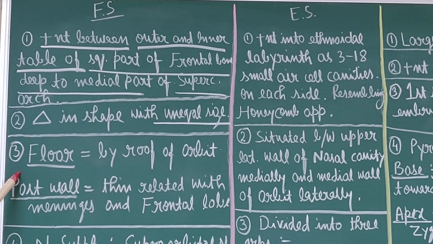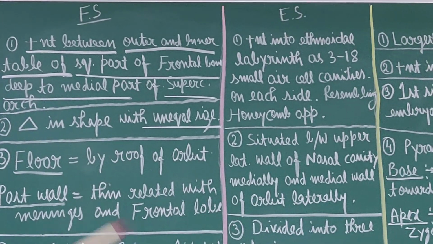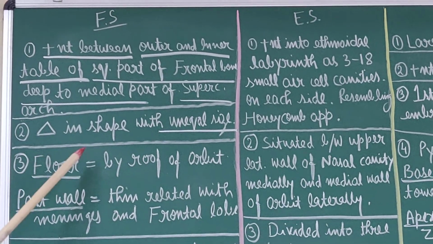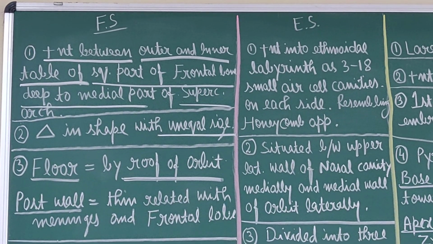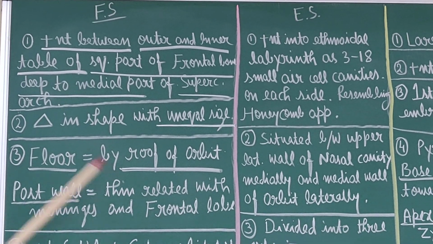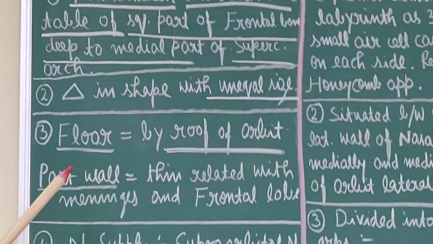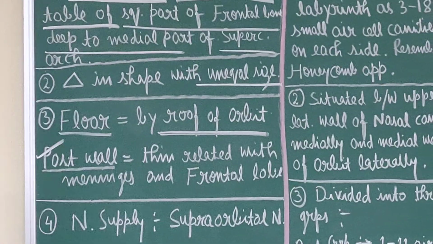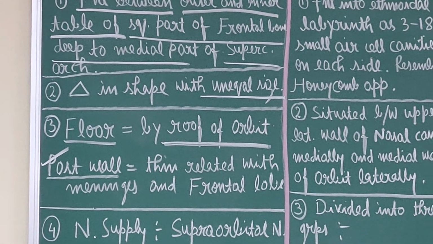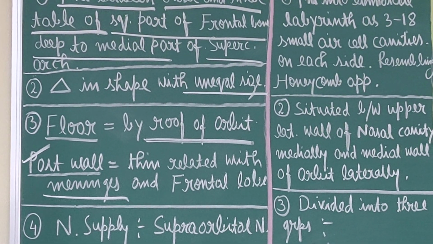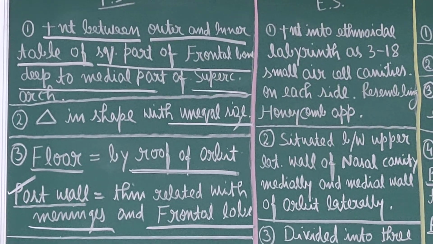As we discussed earlier, the frontal sinus is situated above the orbit. So its floor is formed by the roof of the orbit. The roof of the orbit forms the floor of this frontal sinus, while the posterior wall is thin and is related to the meninges and the frontal lobe of the cerebrum.